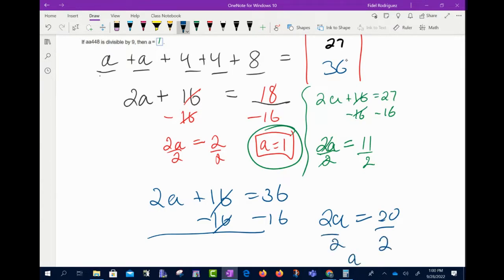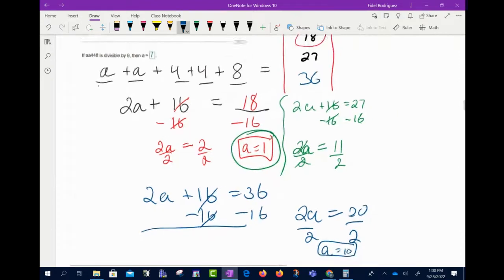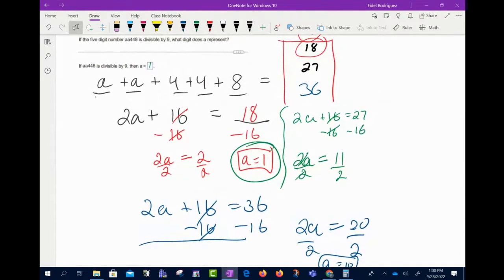When I divided it by 2, A would be the number 10. But A has to be a single digit, and 10 has 2 digits in there, right? So that's why I have to stick with 1. And I couldn't do anything more than that, because it's just going to get bigger and bigger. So for this one, A is going to be equal to 1.